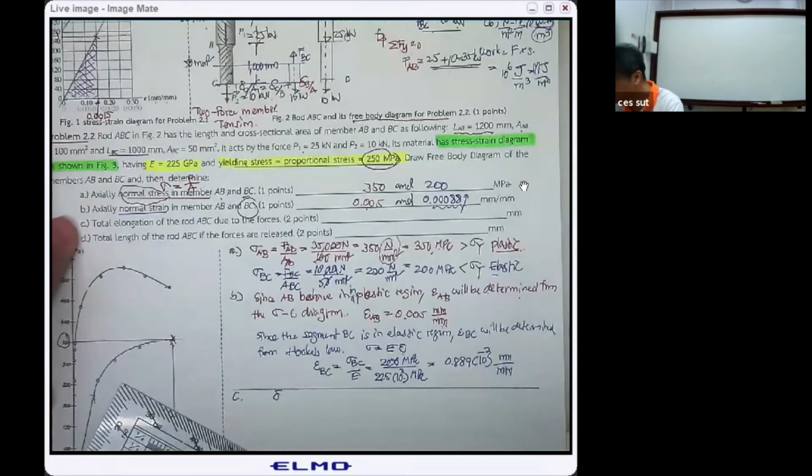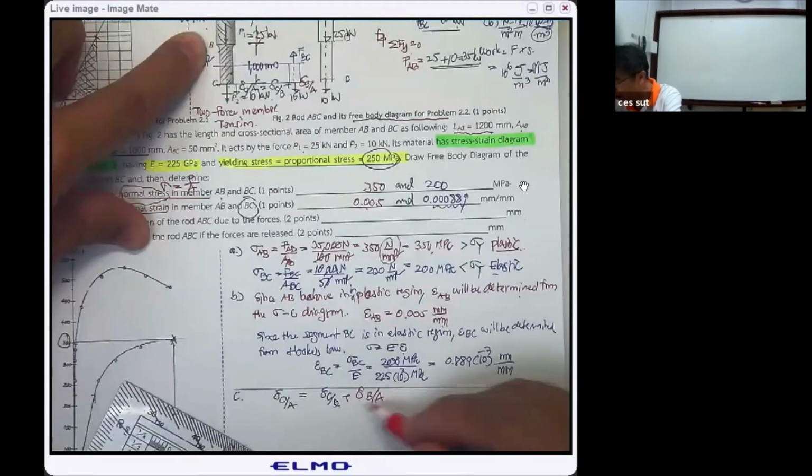That is going to be equal to delta of C/B plus delta of B/A. You can see the B will combine to give C/A.